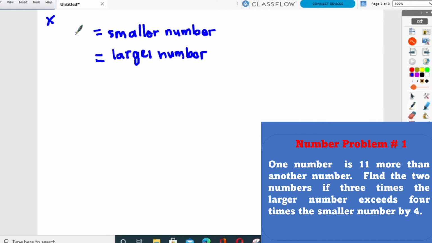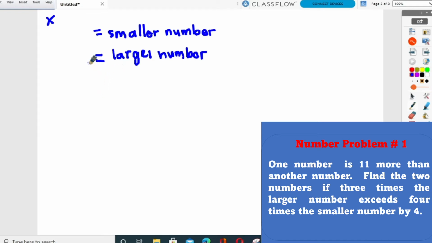So how will you know if the smaller number is your x or the larger will be x? It depends on the first sentence. If you read the first sentence of the problem, one number is 11 more than another number. So that means one number is larger by 11.